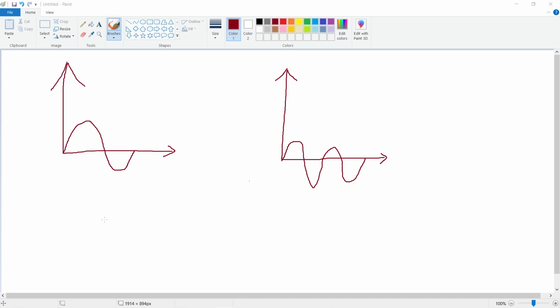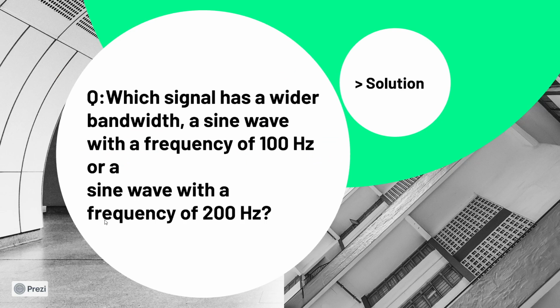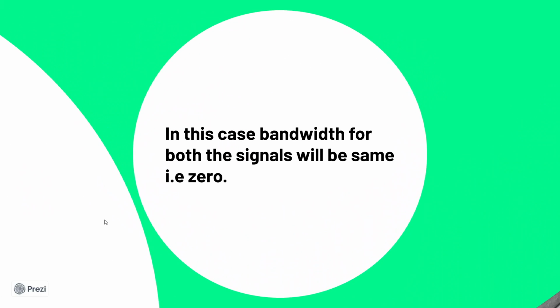My answer is that in both cases the bandwidth would be the same, that is zero, as there won't be any range of frequencies in either signal. Now let's check what the solution says. It says the same: the bandwidth for both signals will be zero.